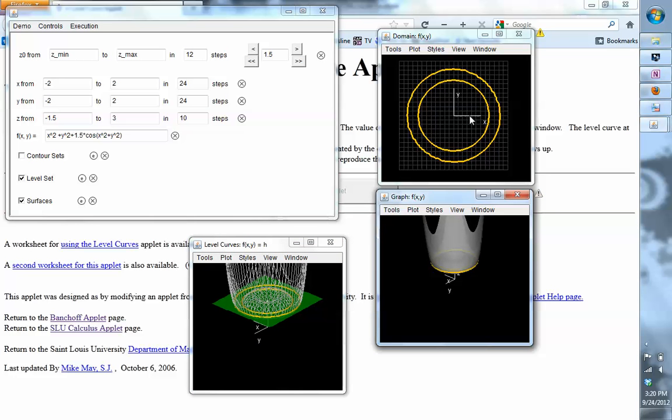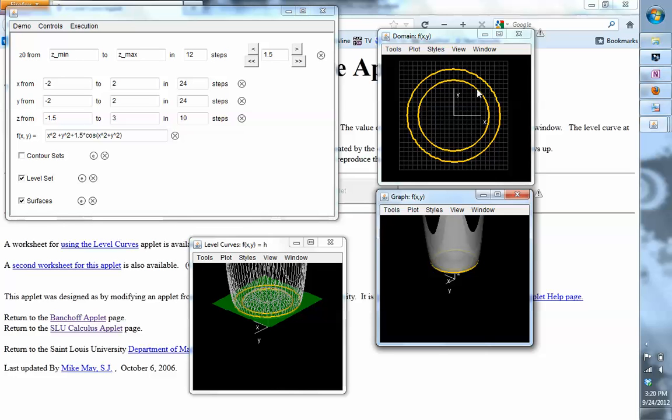If I look down in the xy plane, and I take this point right here and plug it into the function, what value is going to pop out? 1.5. That's the whole meaning of this geometry. Everywhere along this curve, when I stick it into the function, I'm going to be 1.5 units above.